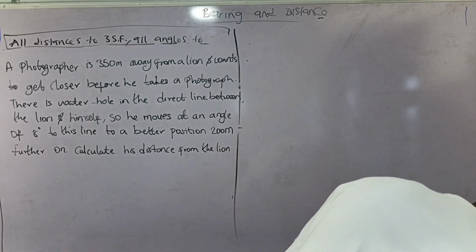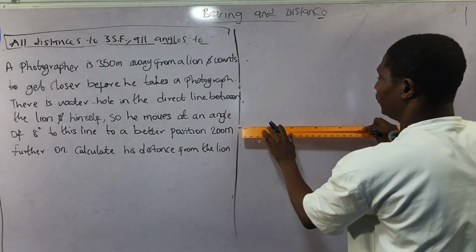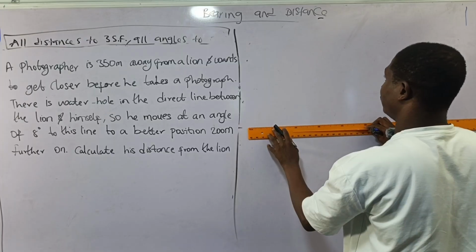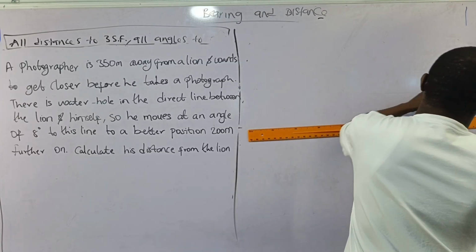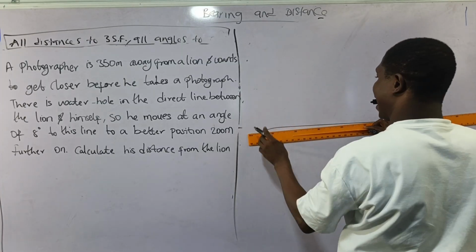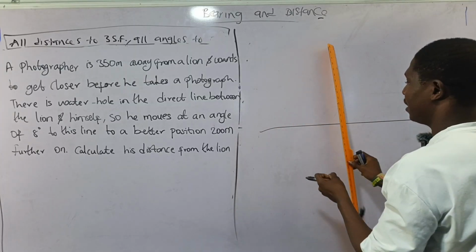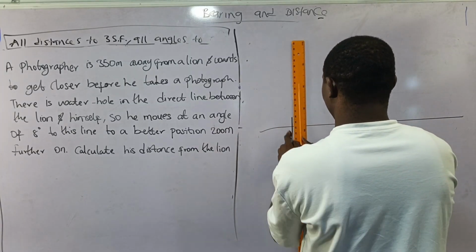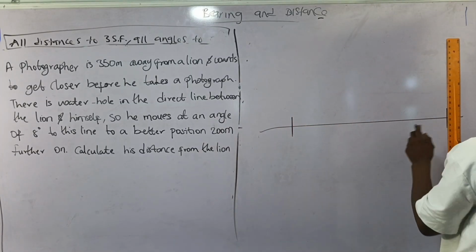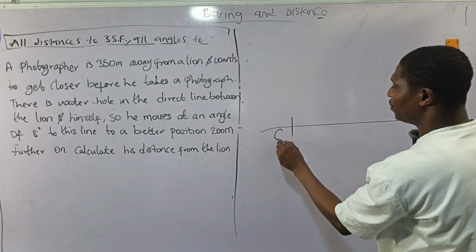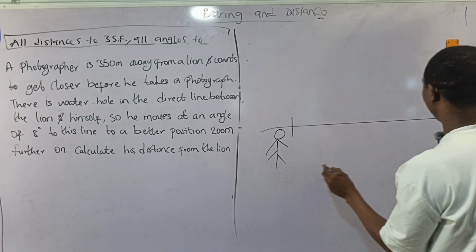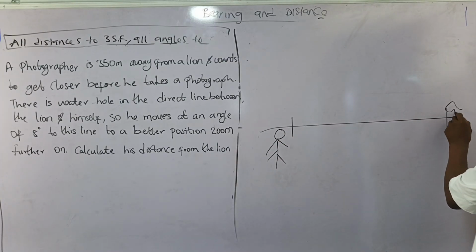Now let's see. Let's say this is the distance between him and the lion. So this becomes the photographer and this becomes what?